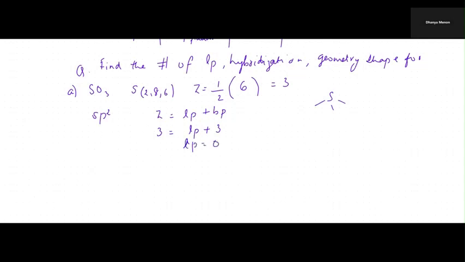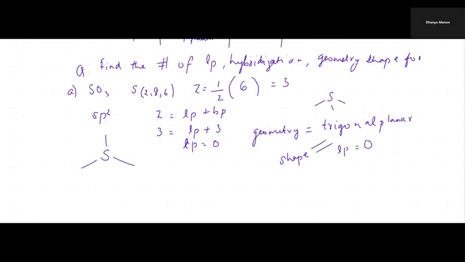And geometry for sp2 hybridization is trigonal planar, which is same as shape because lone pair is equal to 0. I hope it is clear. So sulfur has 3 bond pairs, no lone pair, and the bond angle is 120 degree. All these bond angles are the same because all of them are the same bond pair. I hope it is clear.